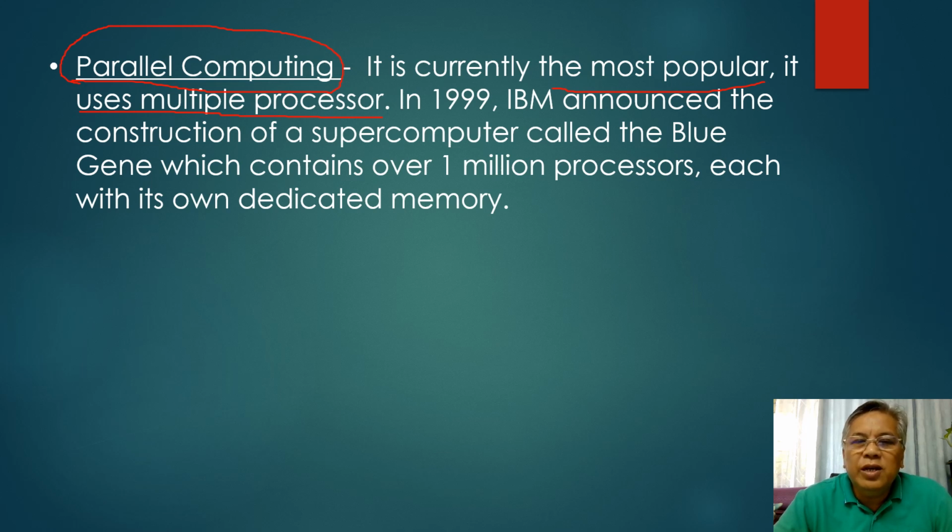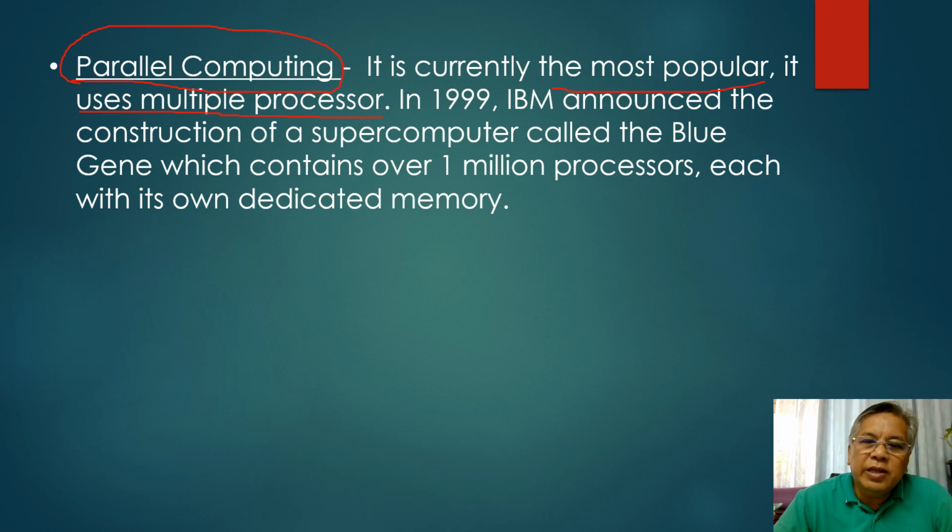So we call it multiple processors. If you have 10 cores, it uses 10 processors and so on. So that is parallel computing. Instead of using one processor, just like the von Neumann architecture, now we are using the parallel computing method, with multiple processors.